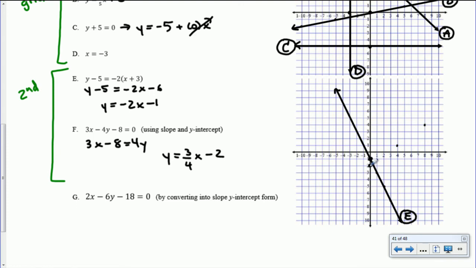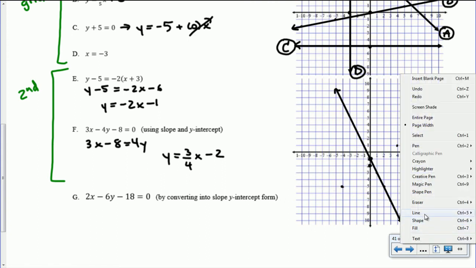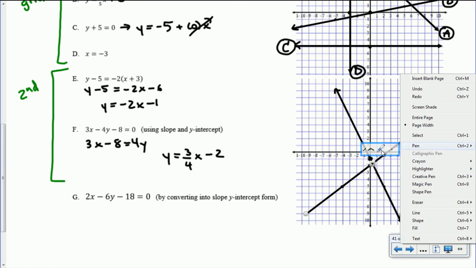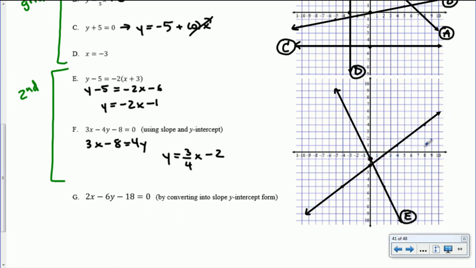Okay, and I guess if we want to go the other way, down 3, left 4. Okay, we got enough points there. Connect the dots. I'll just readjust. That is F.